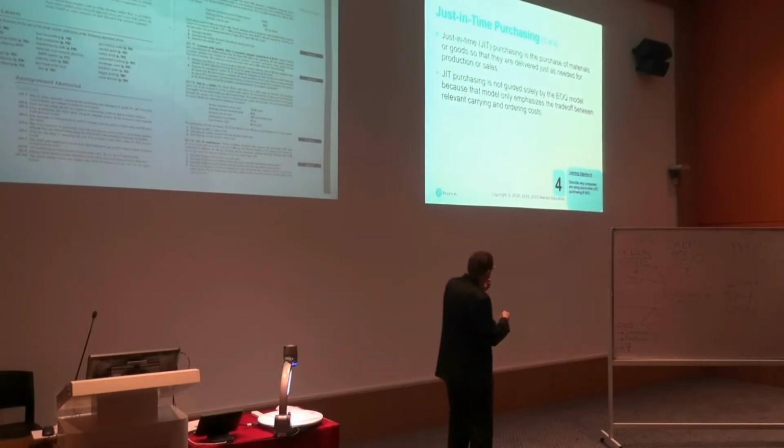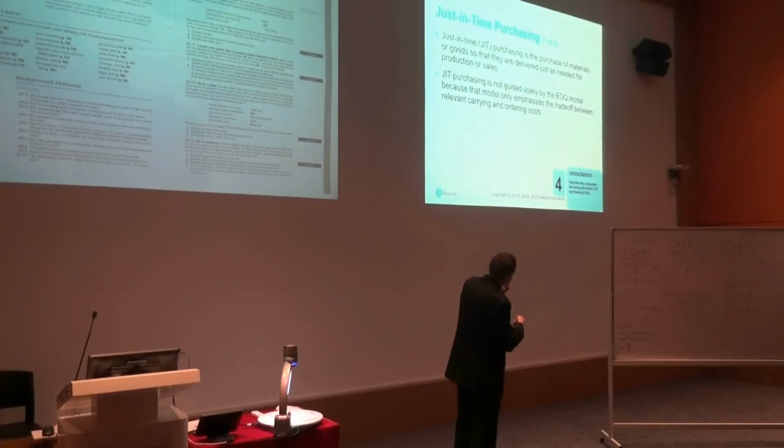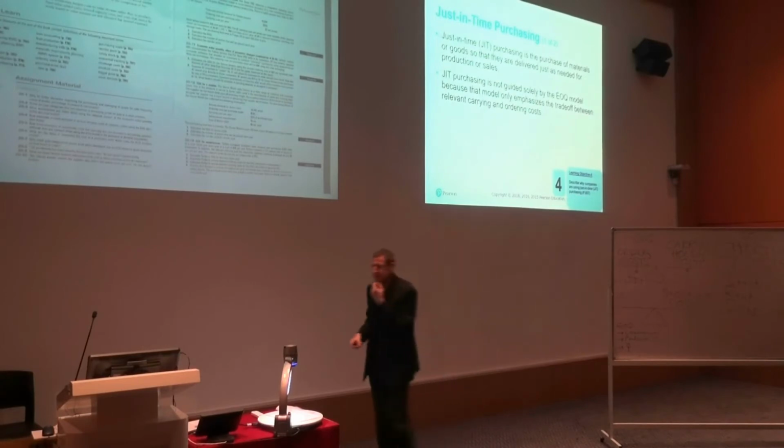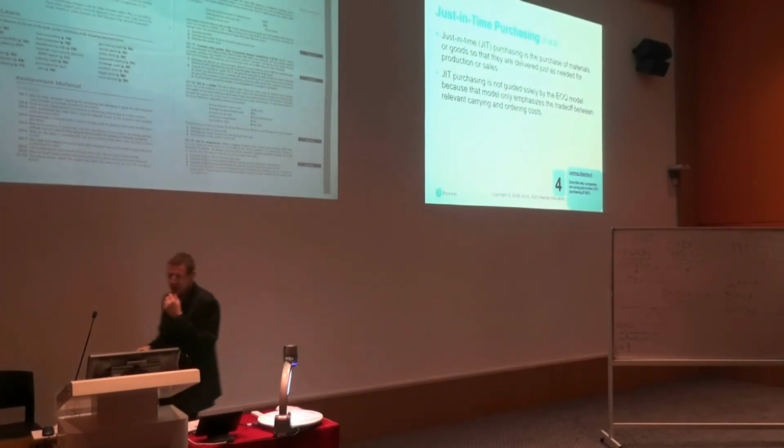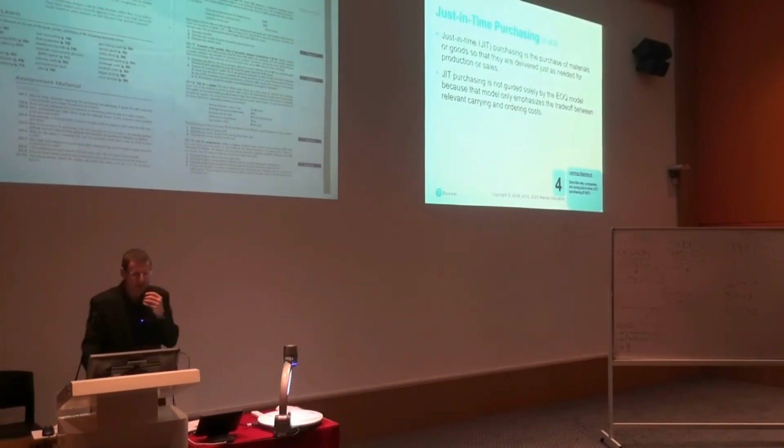Learning Objective 4, describe why companies are using just-in-time purchasing. Page 807, okay? So page 807 of your textbook. Let me read this out with you, and you can underline keywords.